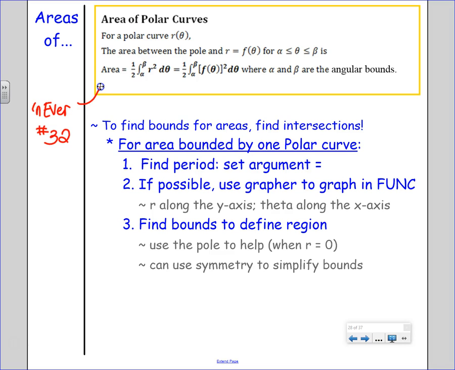You can find the period by setting the argument equal to the normal argument of a trig function, sine or cosine, 2 pi, right? Every 2 pi, the full cycle repeats. It's okay. It's just pre-cal. So, set the argument equal to 2 pi.